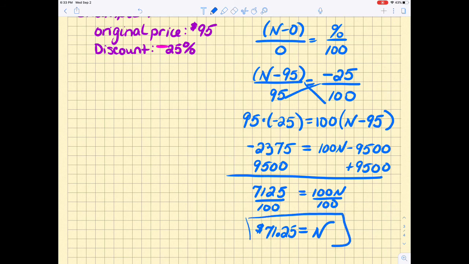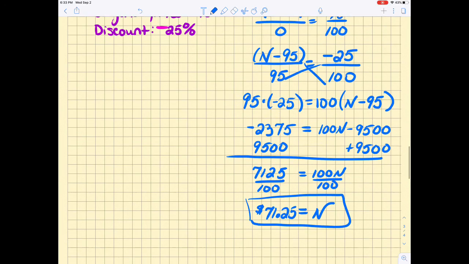So that's that one. We're going to do one more. Okay, now this one is kind of a multi-step problem. So I think we're on example 5. The original cost is $545.